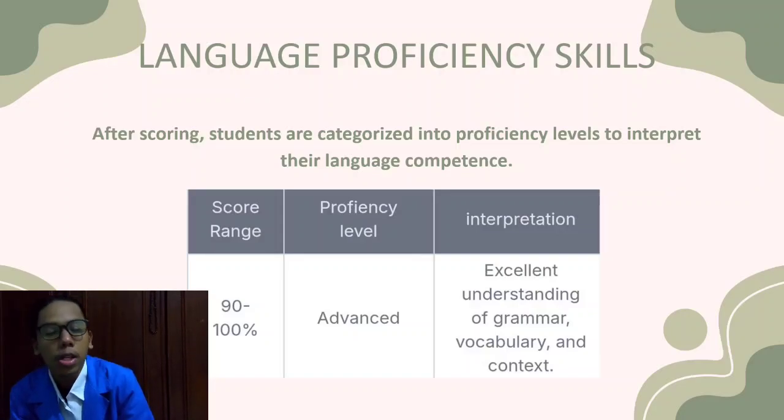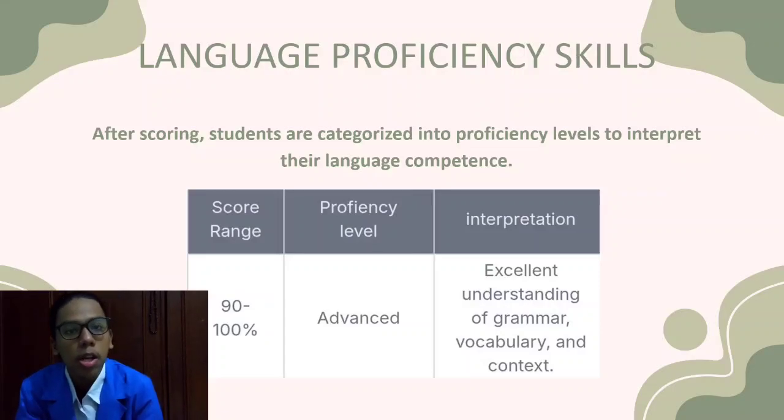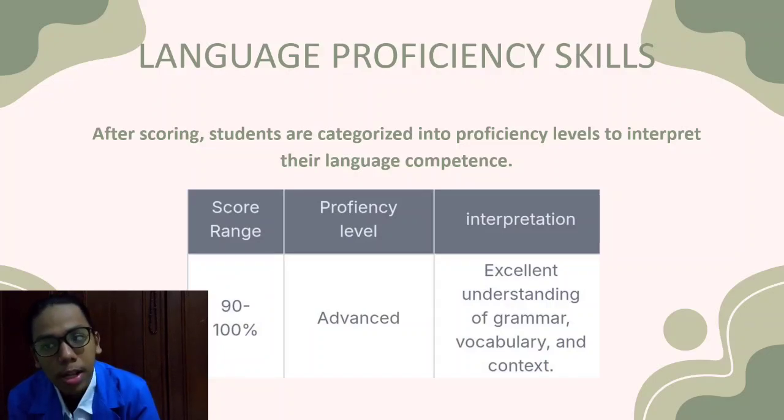Here's the table. The score range of 90% to 100% is identified as advanced proficiency level. It means they have an excellent understanding of grammar, vocabulary, and context.